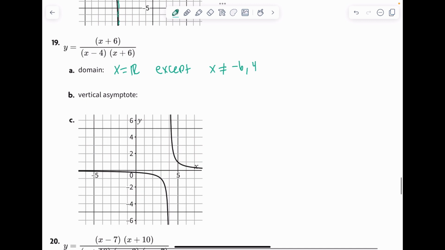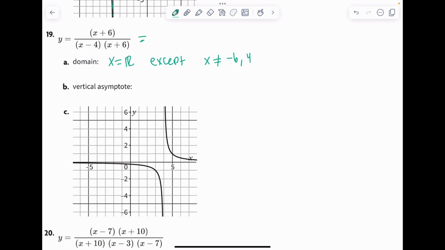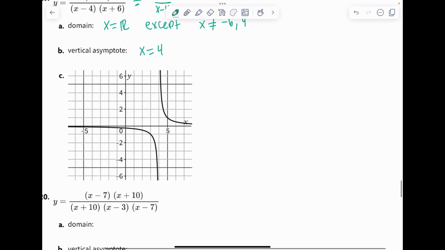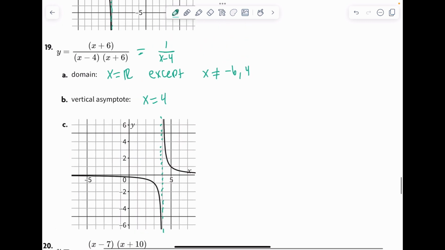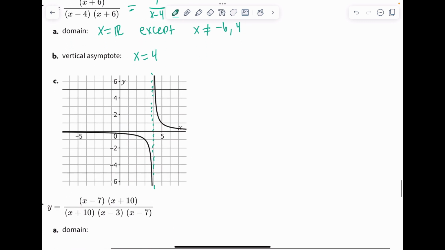So this is equal to 1 over x minus 4. So my vertical asymptote happens when x is equal to 4. Right, so we see it right here, vertical asymptote right there, and there's a hole at negative 6. So negative 6 is over there.